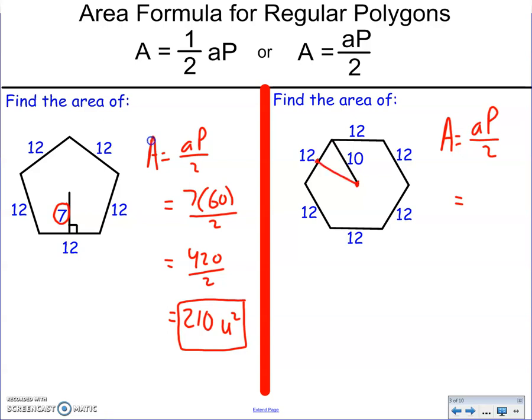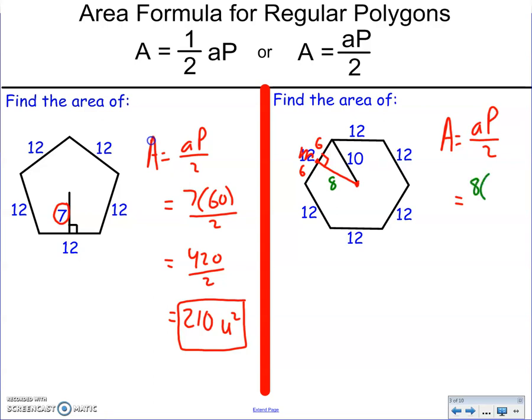Let's go right here. This right here is the apothem. This is a right triangle. If the whole side's 12, half of that is 6 and 6, where's the midpoint? So we have a 6, blank, 10 right triangle. You can do the Pythagorean theorem, or you can memorize your triples. This is a 6, 8, 10 right triangle. So the apothem here is actually 8.